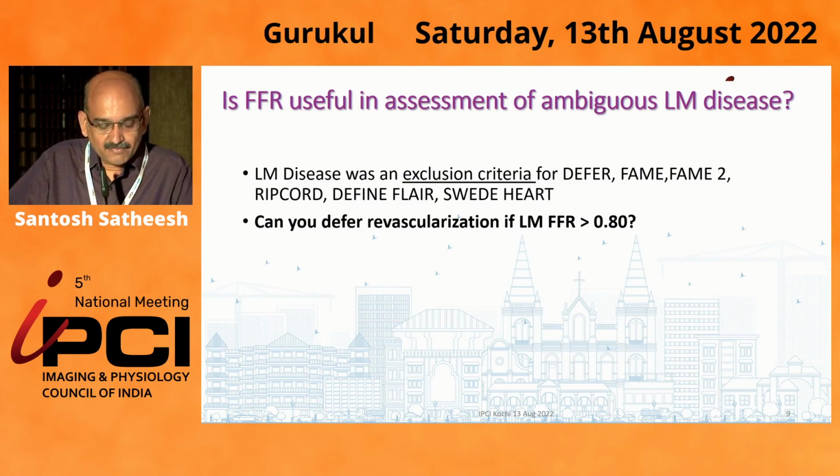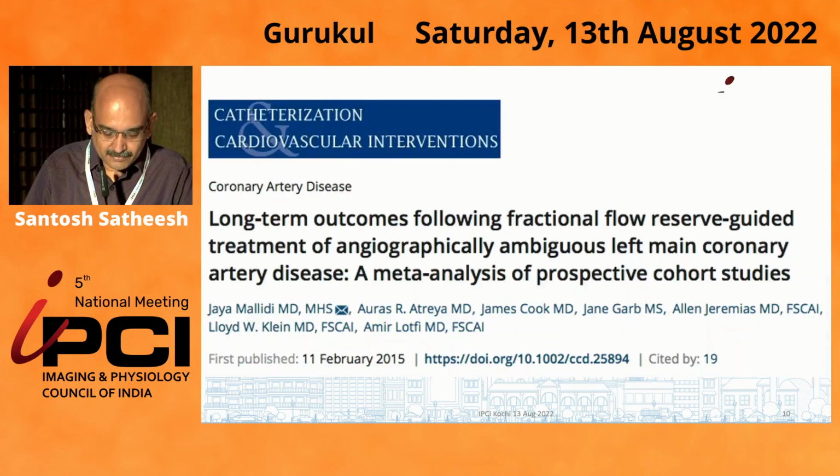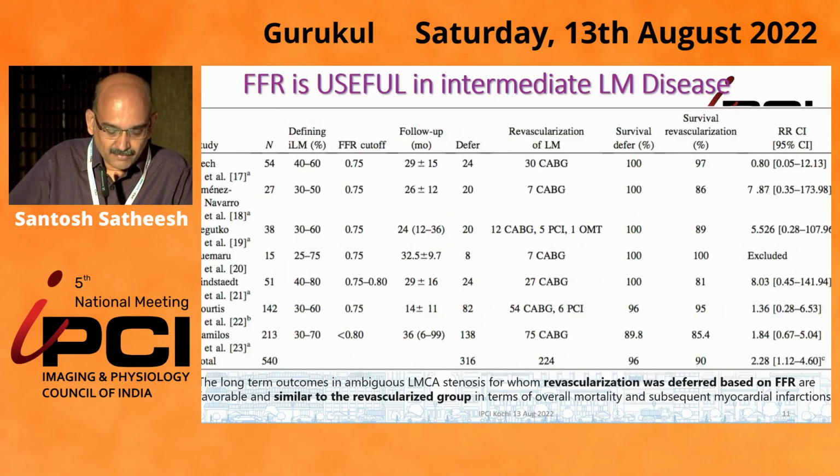The question is, is FFR useful in the assessment of ambiguous left main disease? Left main disease was an exclusion criterion for most of the major trials in FFR. Can you defer revascularization if the left main FFR is more than 0.8? A large meta-analysis, published in 2015, gave the answer that the survival in the defer group was not different from the patients who were revascularized.